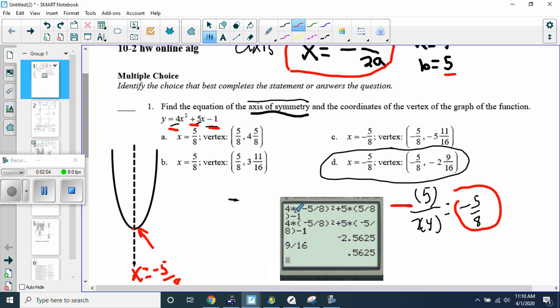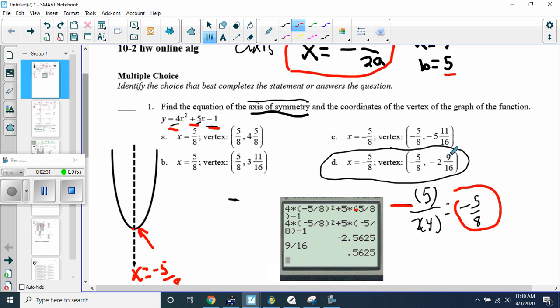I have 4 times negative 5/8 squared plus 5 times, this should be negative 5/8. I made a mistake. I think I redid it down here. Negative 5/8 minus 1. And that gets you negative 2.5625. Now the answers are in fractions.